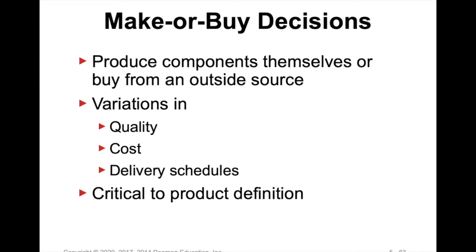They can simply buy the components rather than create a new component. So that's why we talk about variation in quality, cost, and delivery schedules, whether these variations can fulfill your requirement or not, before you decide to make it yourself or buy. If the variation fulfills your company's strategy, why not? So this is very critical to product definition.